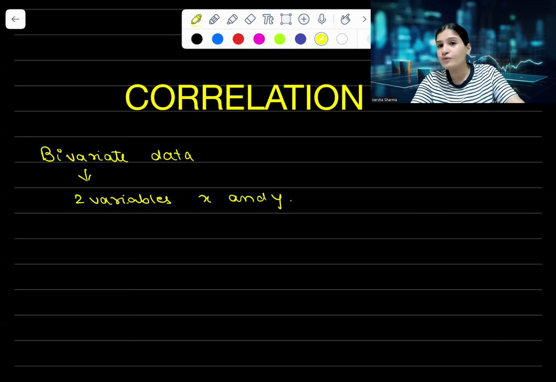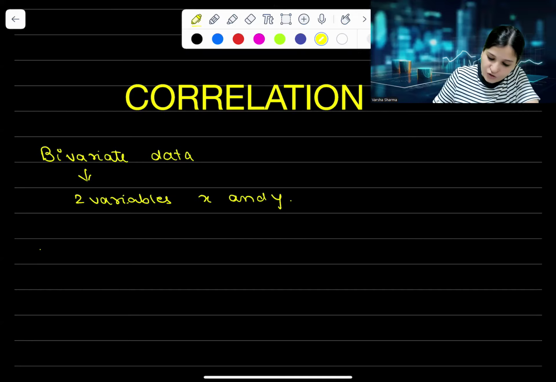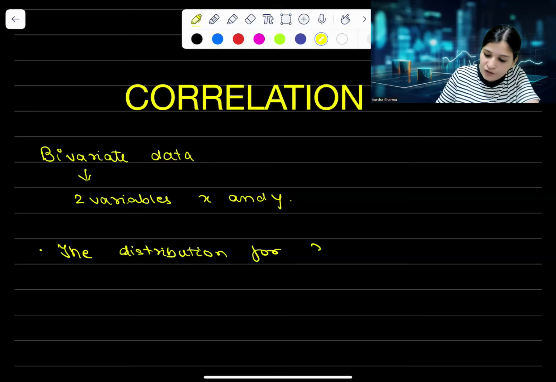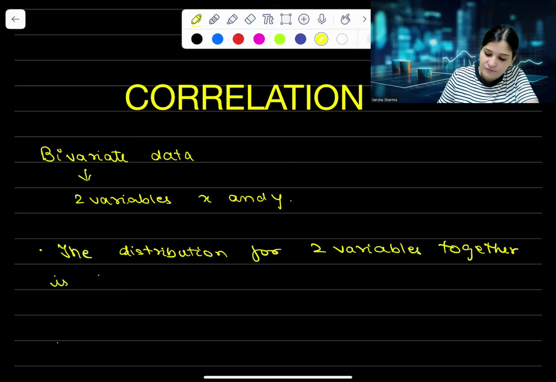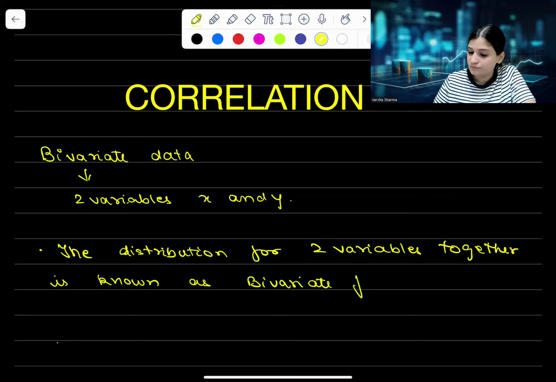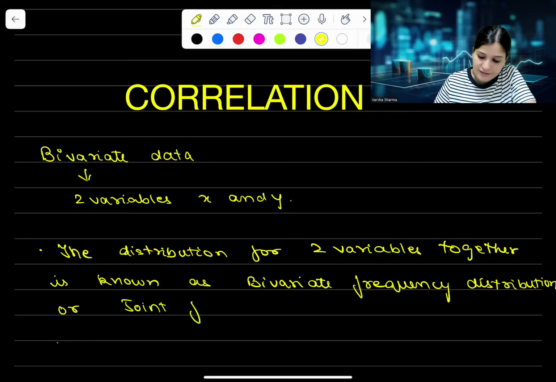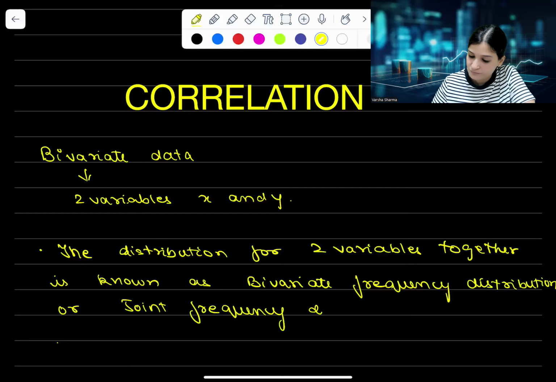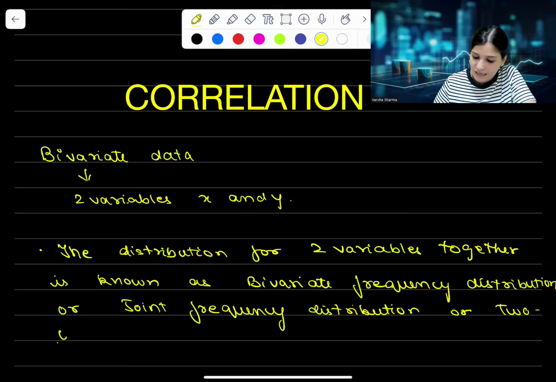The distribution that is provided for bivariate data, the distribution for two variables together, is known as bivariate frequency distribution, or joint frequency distribution, or two-way classification.